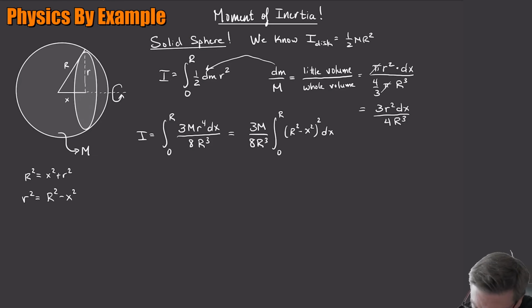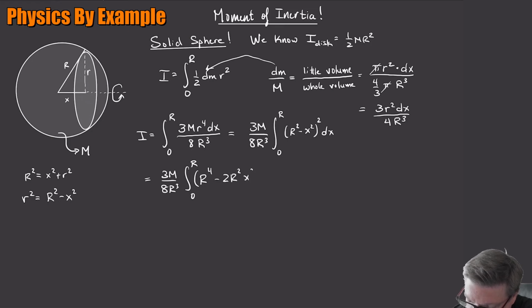So this is going to be equal to 3m over 8r cubed, 0 to R. I mean, just multiply this thing out. I'm going to have an R to the 4th minus 2R squared x squared plus x to the 4th dx. Okay, now that's not going to be a problem.